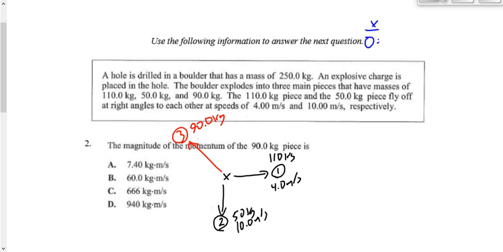0 initial momentum equals 110 times 4 plus, anyone? What's the x component of this one? 0, plus 90 times V3F. That worked out to be negative 4.888.